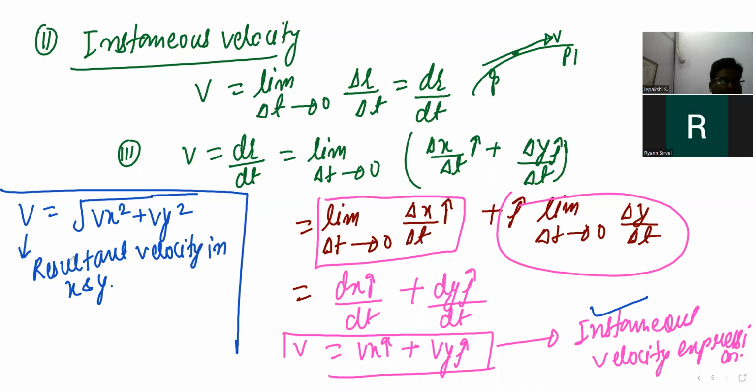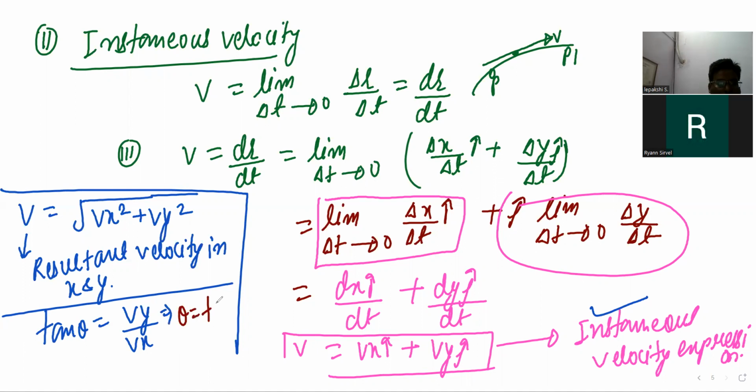So this will give the velocity, and when we have to find the angle, it is defined as tan of theta is given by v of y upon v of x. Then your theta will become tan inverse of vy upon v of x. So this will give the resultant angle. So please write.